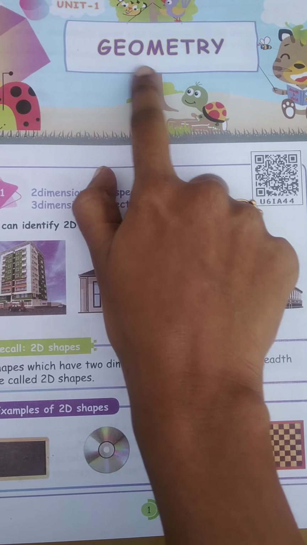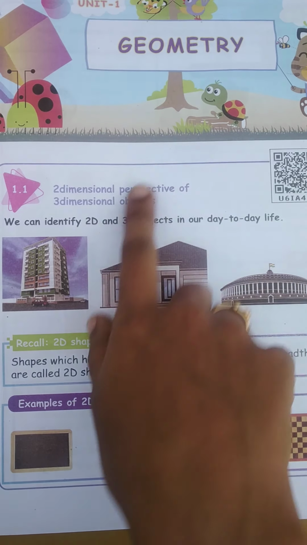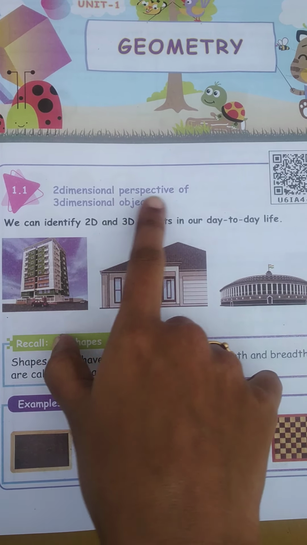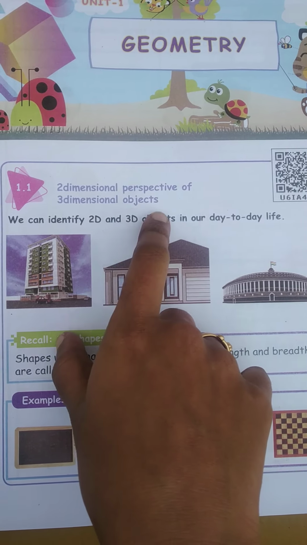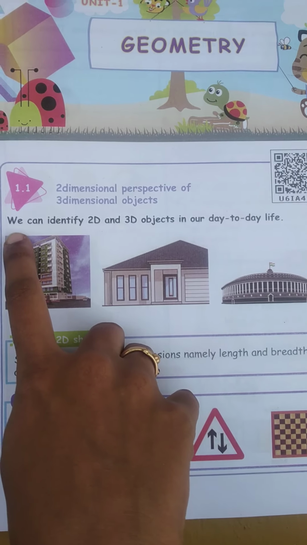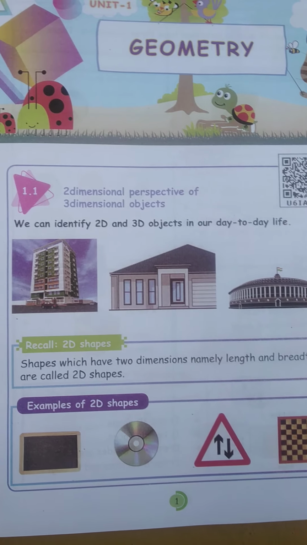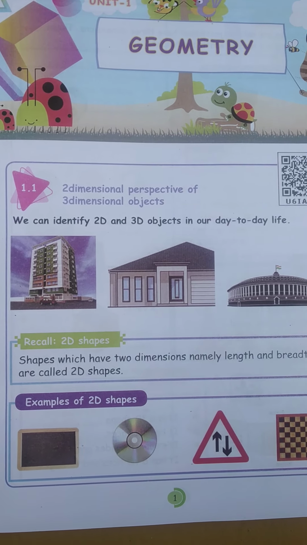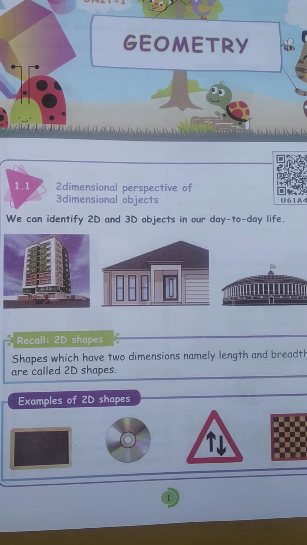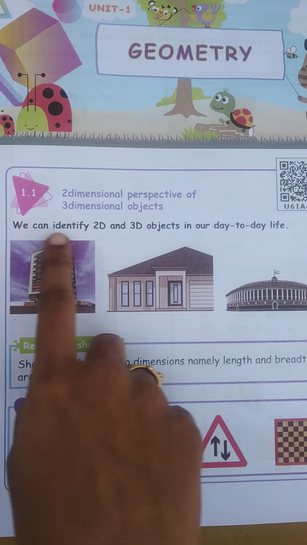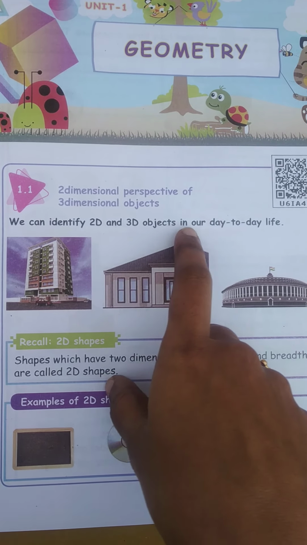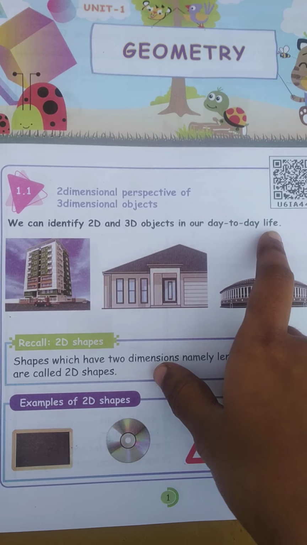See, geometry. Unit 1, geometry. Two-dimensional perspective of three-dimensional objects. Every three-dimensional object is made from a two-dimensional shape. We can identify 2D and 3D objects in our day-to-day life.